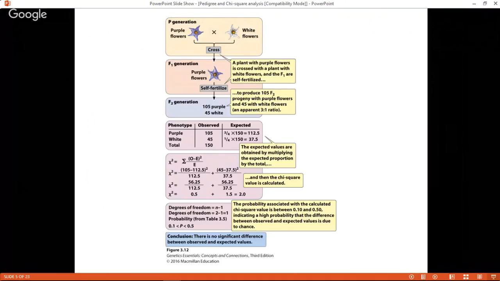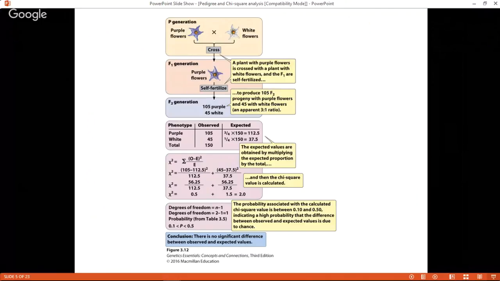To find the expected, we just use the information that we already know. It is a 3-to-1 ratio, so you do 3/4 times your total progeny, which equals 112.5 for the purple. The expected for the white would be 1/4 times the total progeny, and that equals 37.5.